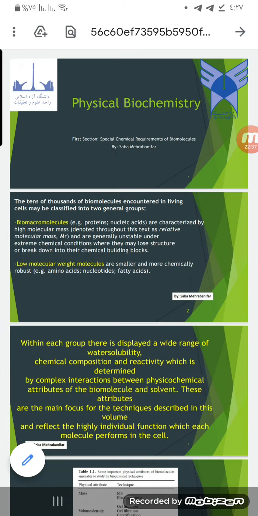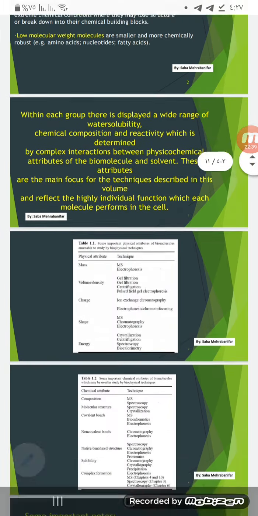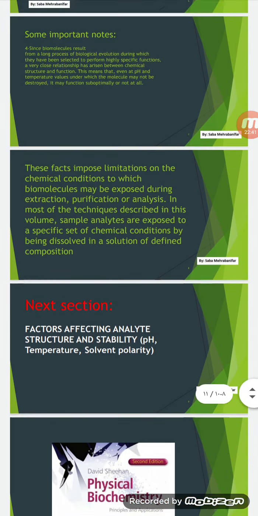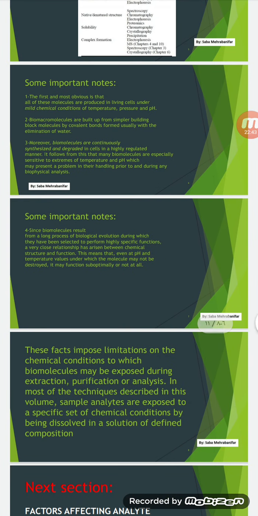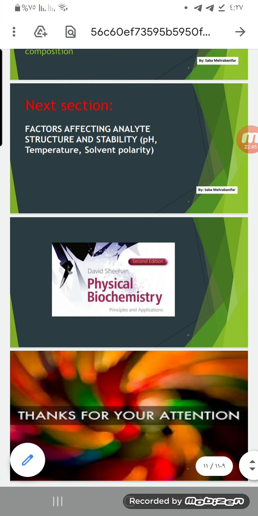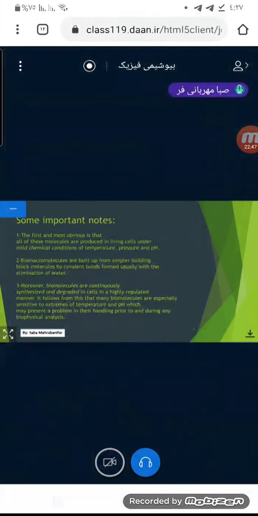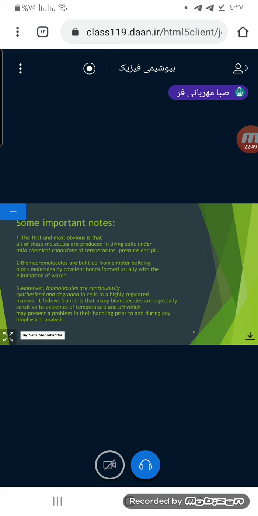These are some important notes. The first and most obvious thing is that all these molecules are produced in living cells under mild chemical conditions of temperature, pressure, and pH. Biomacromolecules are built up from simpler building block molecules by covalent bonds, formed usually with the elimination of water.